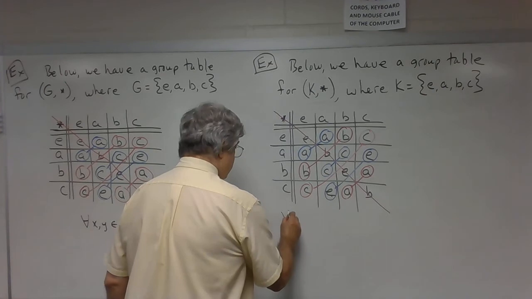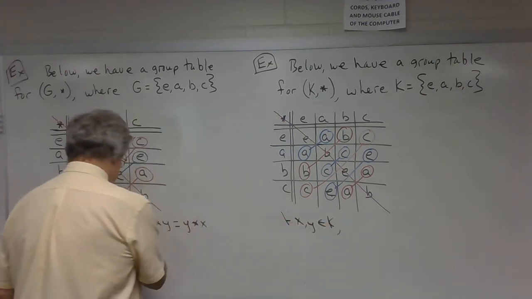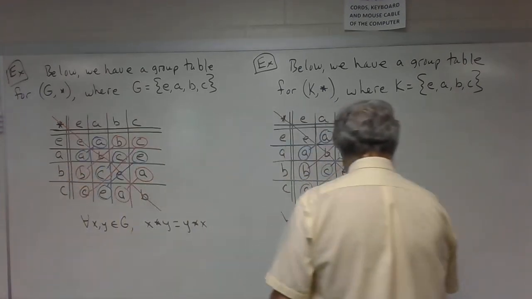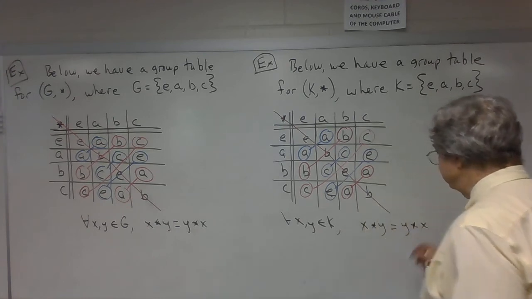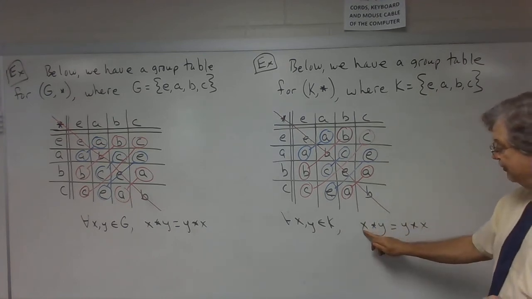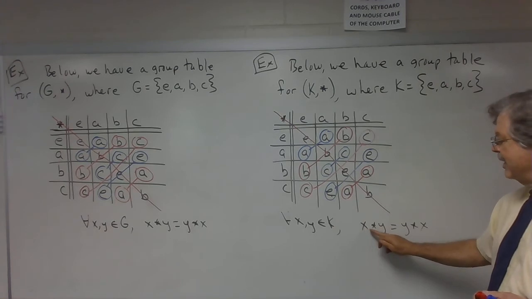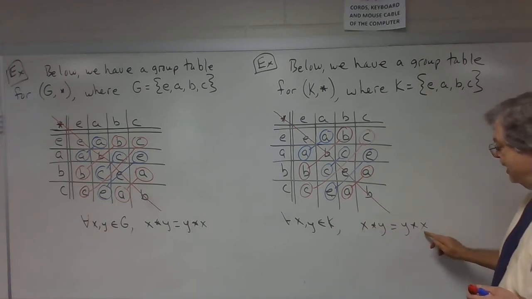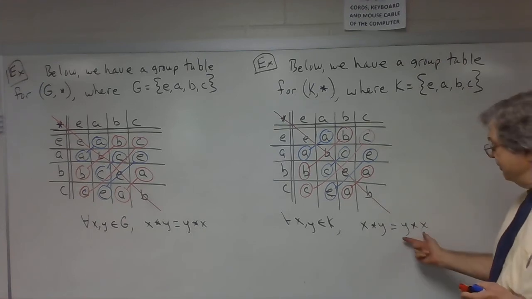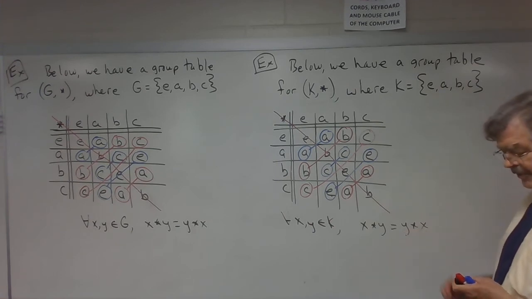And same thing here, for each x, y in K, x star y equals y star x. In other words, the element that appears in row x, column y is the same as the element that appears in row y, column x, which means that the operation is commutative in both cases.